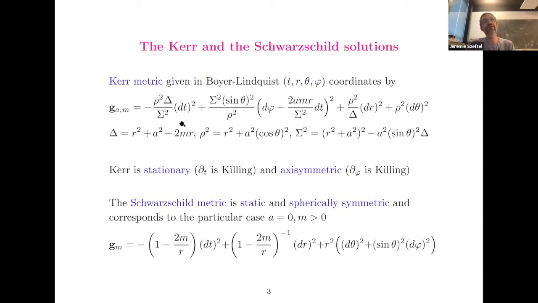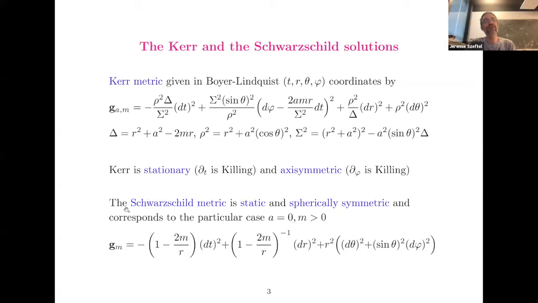And finally, the third information is that if you look at all metric coefficients here, which are expressed using these functions here, they do depend only on the r and theta coordinates. So in particular, they do not depend on the time coordinate t, which means that the solution is stationary. So it's indeed a stationary solution. And in fact, it also does not depend on phi, which means that it's also axisymmetric. There is an axis of symmetry.